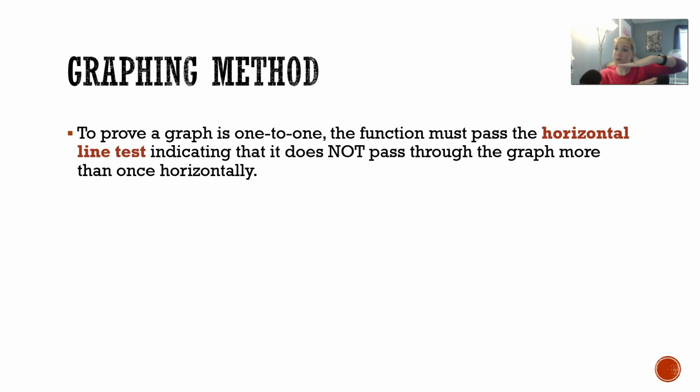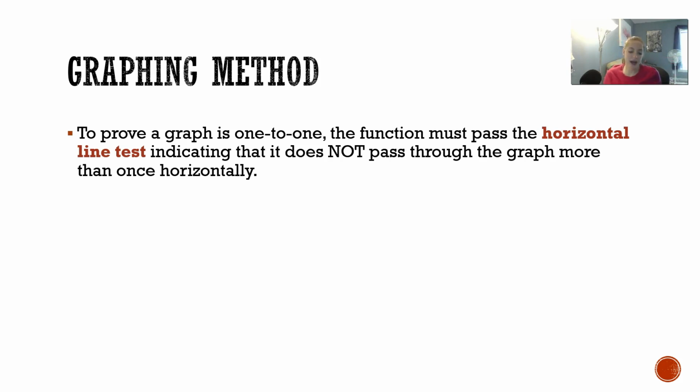But if we do a horizontal line test, we're actually testing to see if it's one-to-one. In other words, we're testing that there are no repeated values. Essentially, you're drawing a horizontal line and seeing if the graph intercepts it more than once.